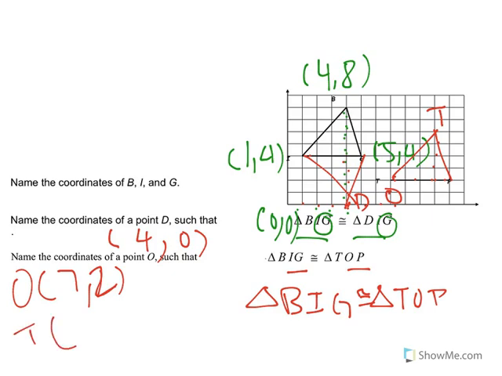For T it would be 10, 6. And for P it would be 11, 2. Okay, so the T should not be on B there.